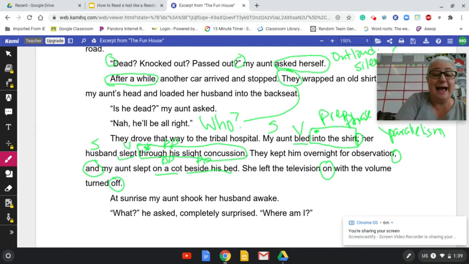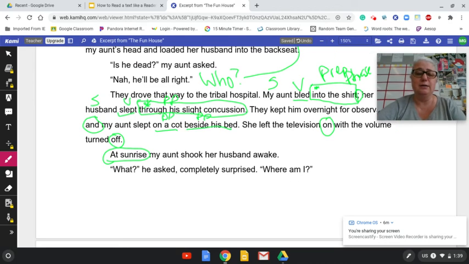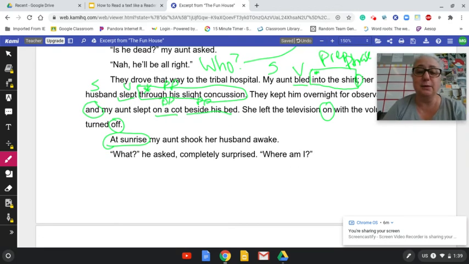And again, "at sunrise," Alexie is moving time forward. He doesn't give us a time, doesn't go into too much detail, just, okay, now it's sunrise. "My aunt shook her husband awake. 'What?' he asked, completely surprised. 'Where am I?'" Did you notice this is the first time he speaks?